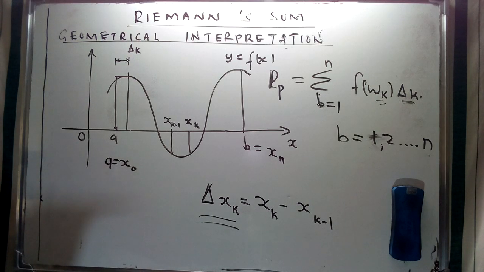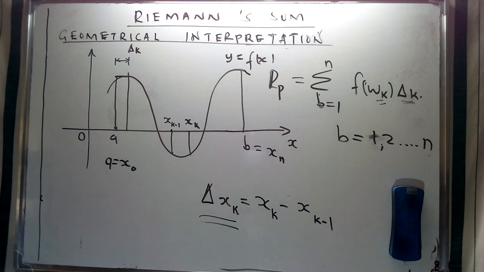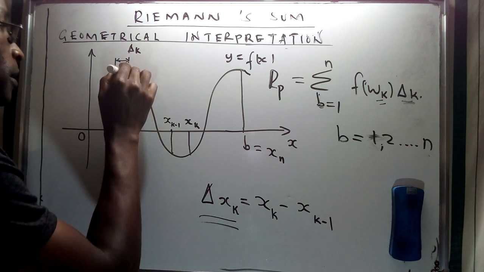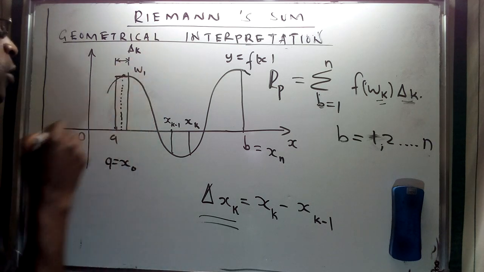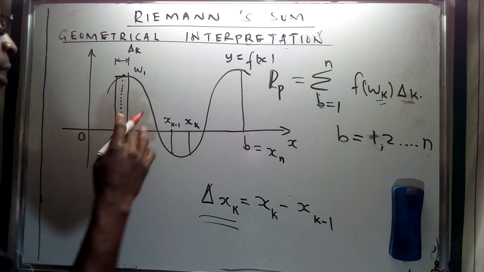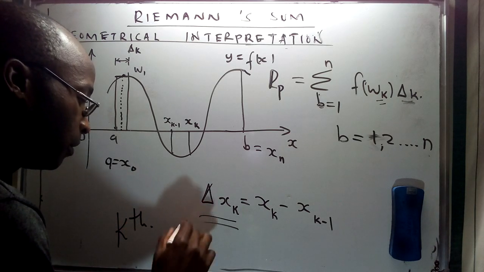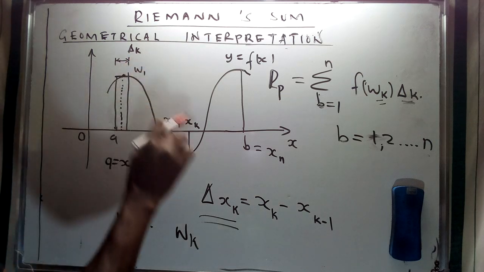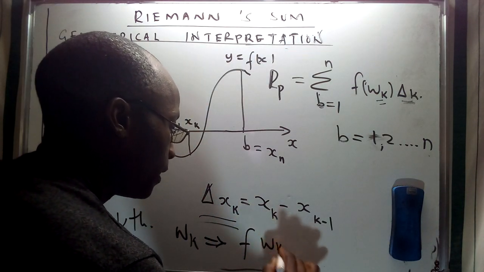This is the change in k, and the height of this individual rectangle is given by a particular center point that we demarcate as w. For the first one it's w1, w2, and for the kth rectangle we have wk, along this function, illustrated as a function of wk.